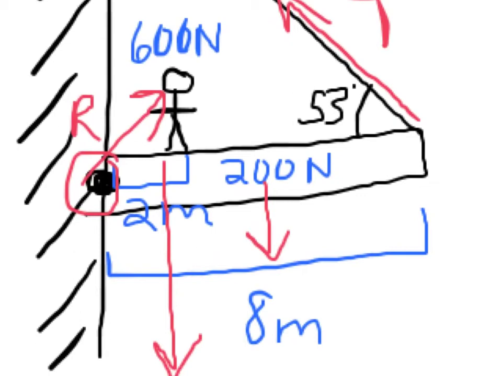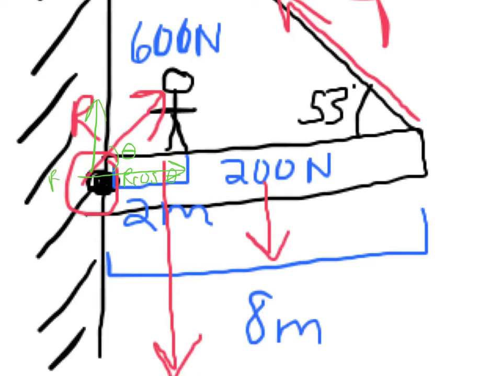Now for the R value, we would have this component here. So some of the force from the wall is pushing outward on the beam, and that would be a component that we could write down as maybe an R sine of theta or an R cosine of theta. If we call this angle here a theta angle, then this piece here would be an R cosine of theta. And there's also the component of the R force that's going in an upward direction.